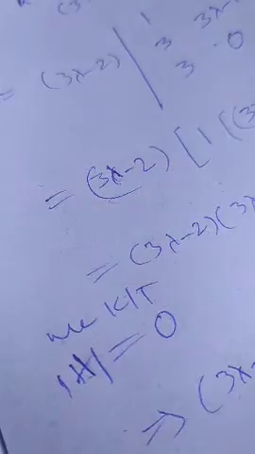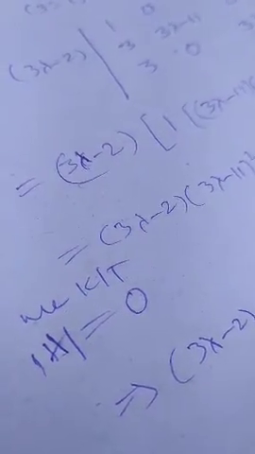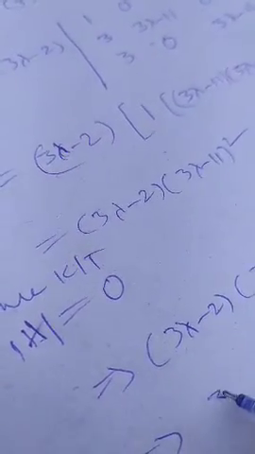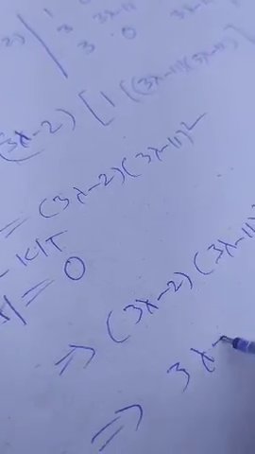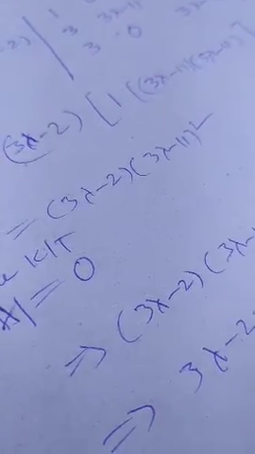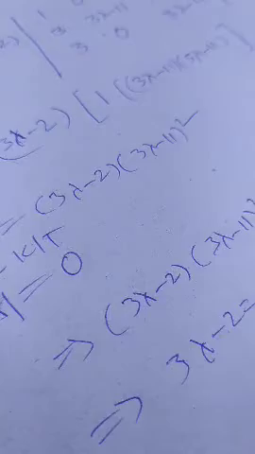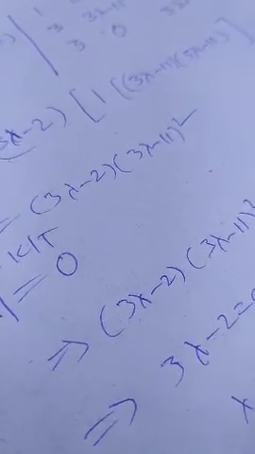So 3 lambda minus 2 equals 0 and 3 lambda minus 11 equals 0. So lambda equals 2 by 3, and from this, lambda equals 11 by 3.